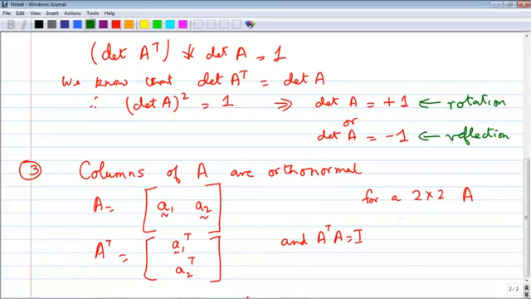What is A transposed A? Let's figure out what those entries are going to be. This entry is going to be A1 transposed A1. This entry is going to be A2 transposed A2. And this entry is going to be A1 transposed A2, and this will be A2 transposed A1.